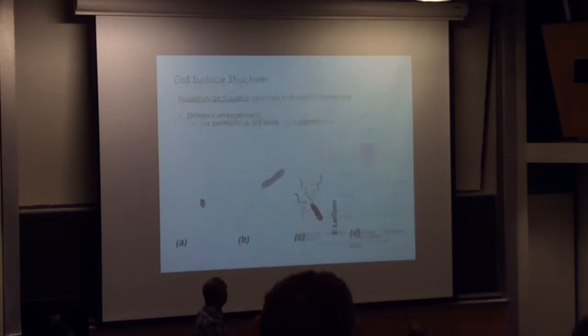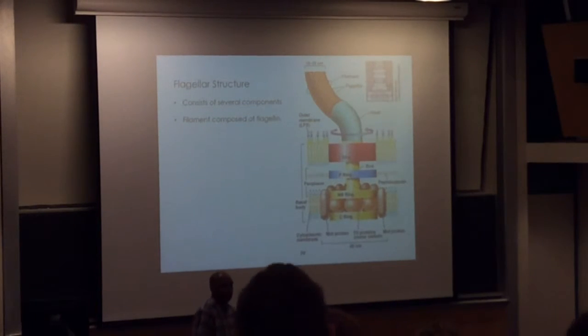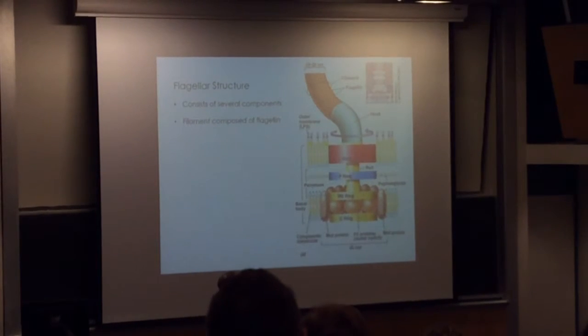What you see from here upward can go on for however long the flagellum is. But the part outside and the part embedded in the bacterial body are very different. What you see outside is called the filament, and the filament is made up of one type of protein called flagellin.